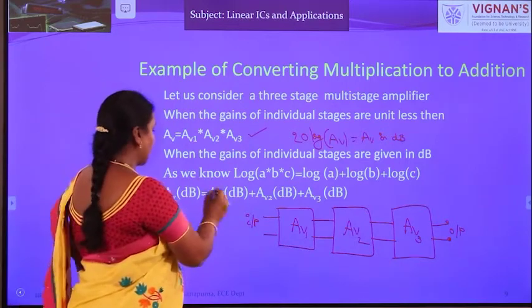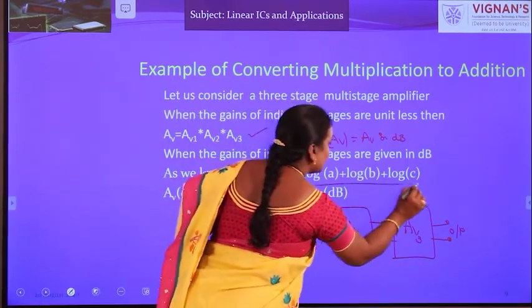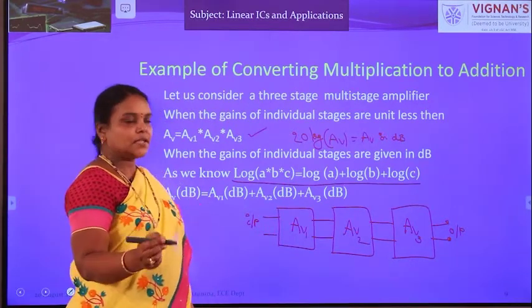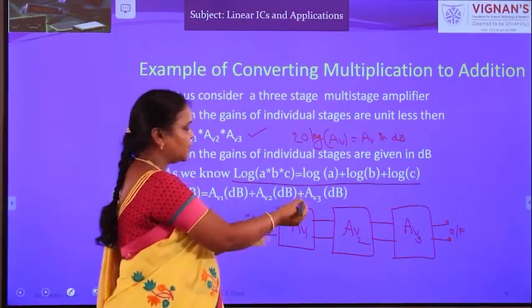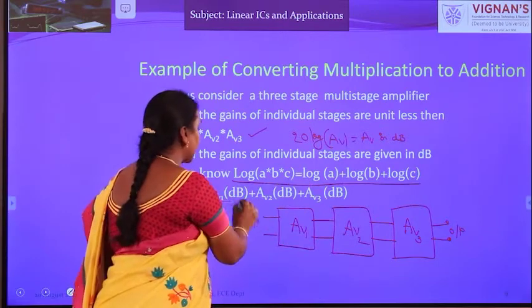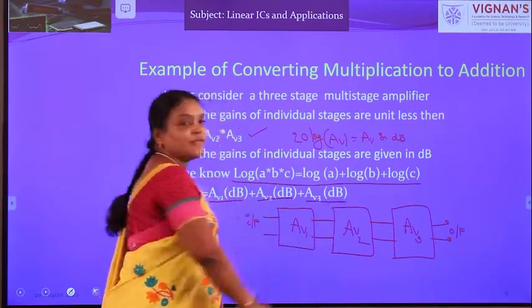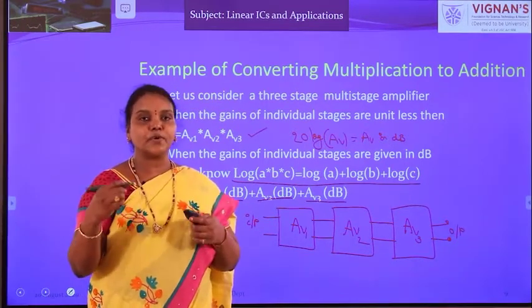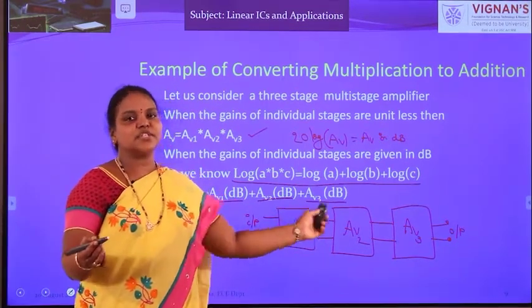You know this formula, right? Log of A into B into C is equal to log A plus log B plus log C. So here, since they are already converted into decibels, just by adding them you can get the overall gain when the gain is given in decibels. That is, when the gains are converted into logarithmic scale, then it is just addition.